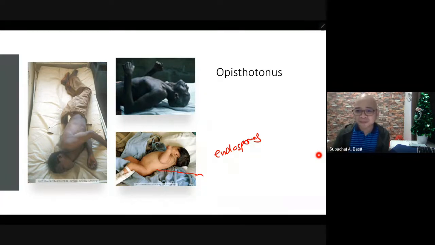So if ever we have a wound, we need to debride it. We need to clean it every now and then, and we do not want any soil contamination. Because wherever there is soil, we expect that there are toxins of Clostridium tetani.